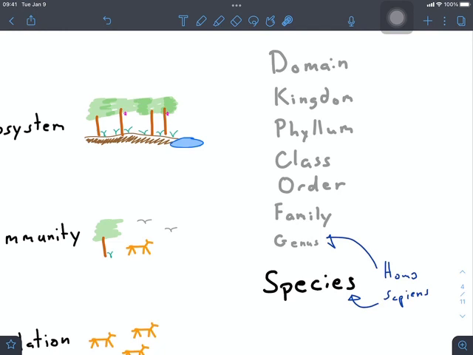For the purposes of this class, when we think about organisms, we're oftentimes going to ignore the domain. Multicellular things, so big organisms that you and I can see with our naked eye, are always eukaryotes. We sometimes think about their kingdom. This would be whether they are plants or animals. And we're oftentimes able to group things based on phyla. Is it a fern plant? Is it an insect animal?